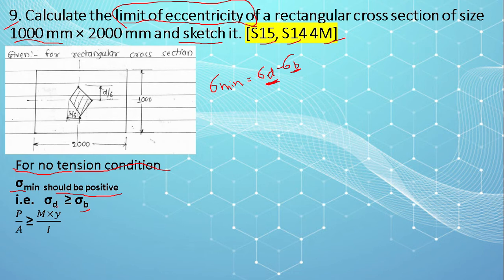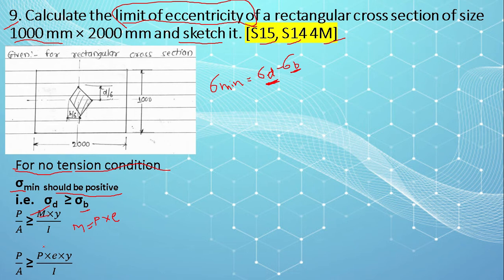We know the formula for direct stress, that is load divided by area. Put it here. And the formula for bending stress is M by I multiplied by y. Also, bending moment M can be written as load multiplied by the perpendicular distance, eccentricity e.